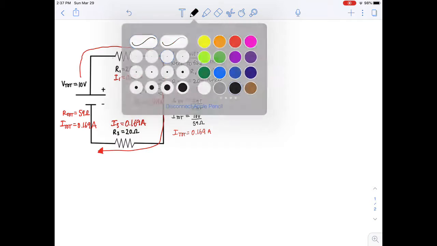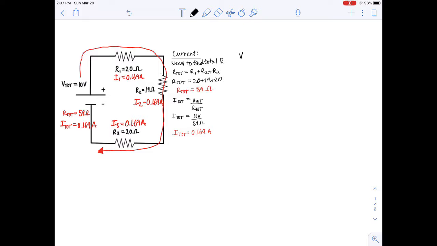And now, if we want to find the voltage drop across all of these components, the way I like to think about voltage in series circuits is that 10 volts has to be spent completely across R1, R2, and R3.